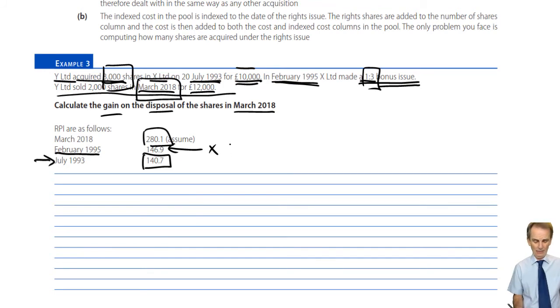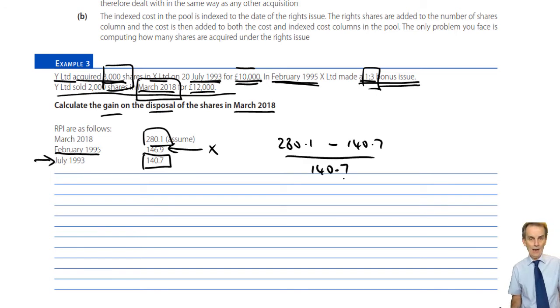Ignore it. It is irrelevant. So the re-indexation: 280.1 minus 140.7 over 140.7. Leave it in the calculator and multiply it out by an unchanged cost in your index cost column, £10,000.